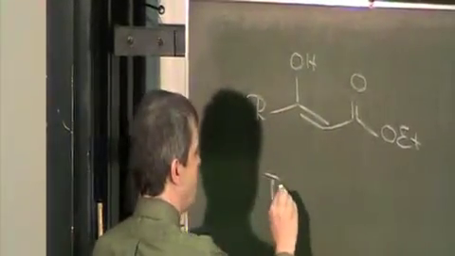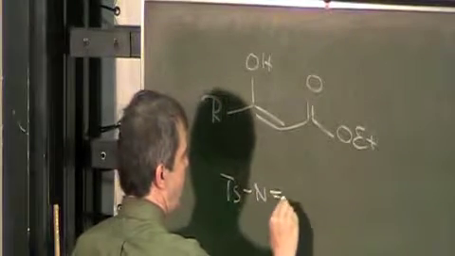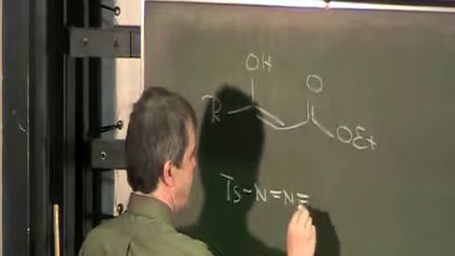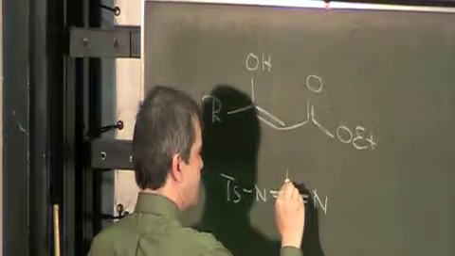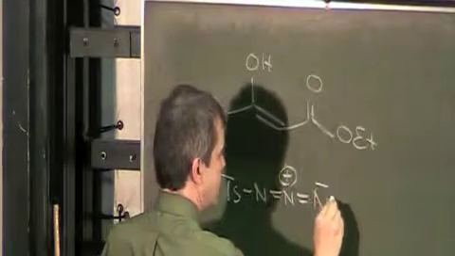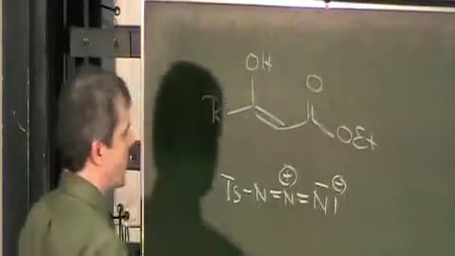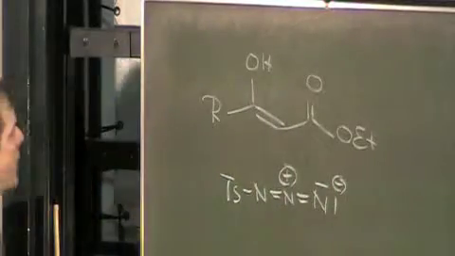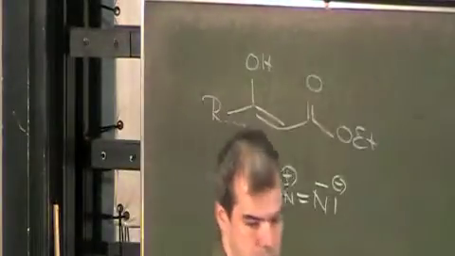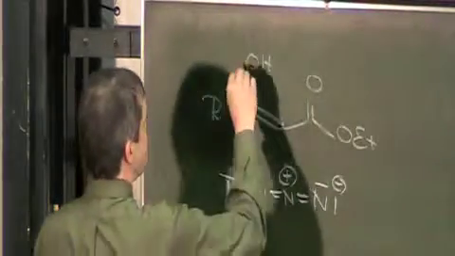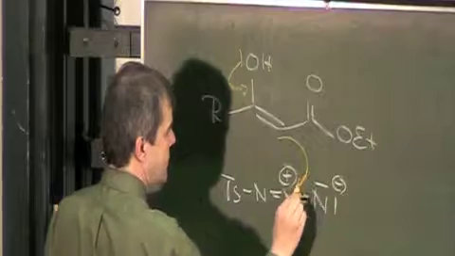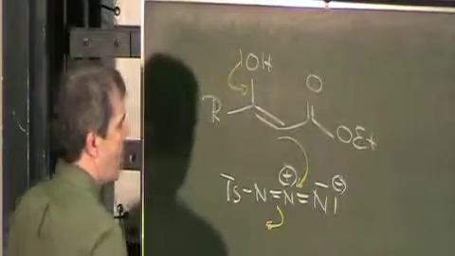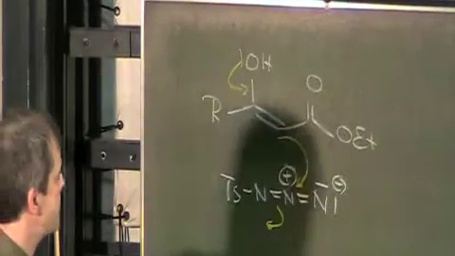So that becomes a good nucleophile. Tosyl azide then can be attacked on this nitrogen.